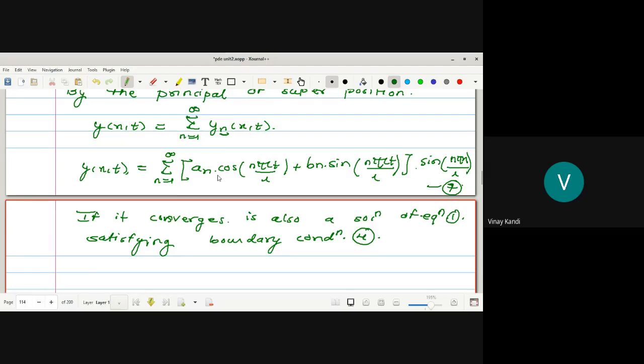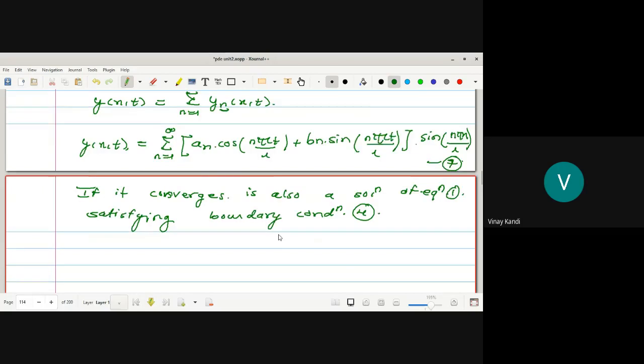We know this series converges; divergence we do not know. Okay, for different values of n from 1 to infinity, if it converges, it is also the solution of equation 1. That is, y of x,t is the solution of equation number 1, satisfying the boundary condition.